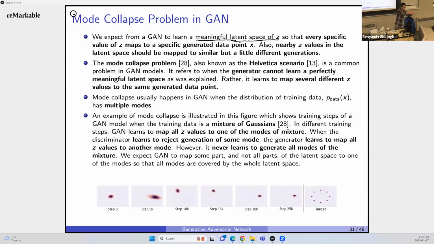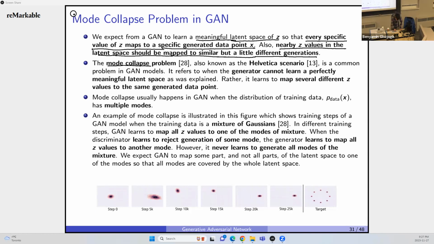When I slightly move in the latent space, the generated output also slightly moves, which makes sense, right? Every specific value of Z maps to a specific generated data point X. Nearby Z values in the latent space should be mapped to similar but a little different generations.